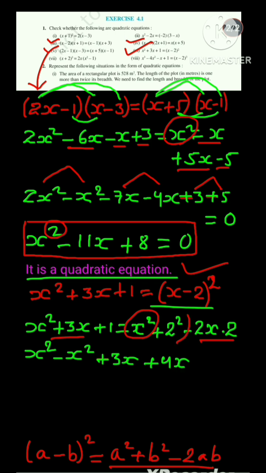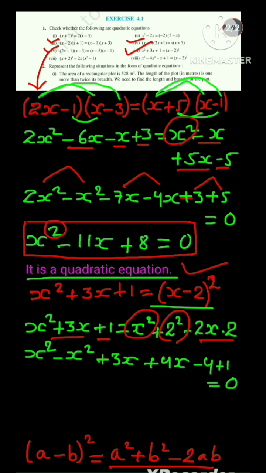Square of 2 will be 4, and this plus 4 comes to LHS and becomes minus 4, and this plus 1 as it is plus 1, okay, equal to 0.